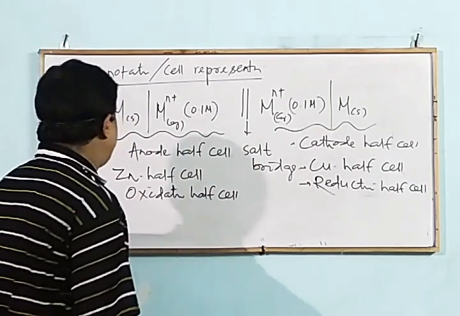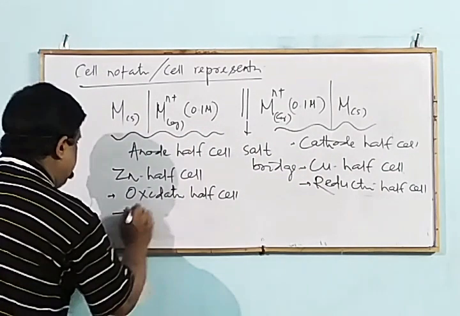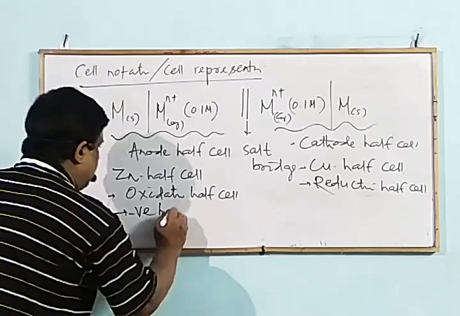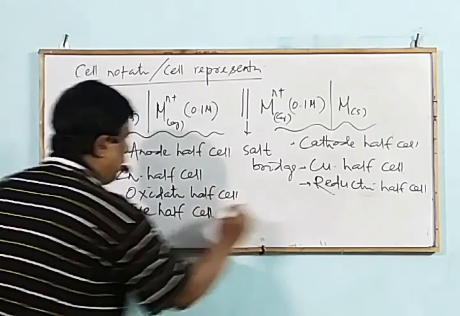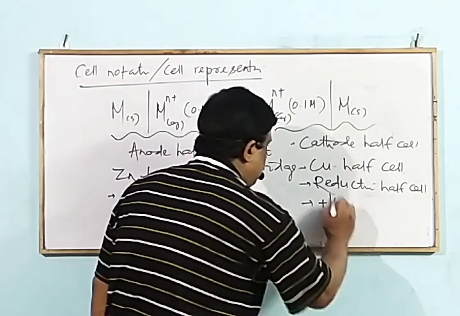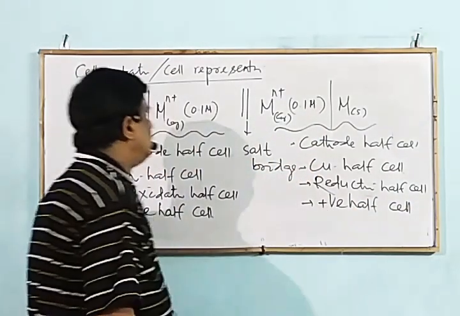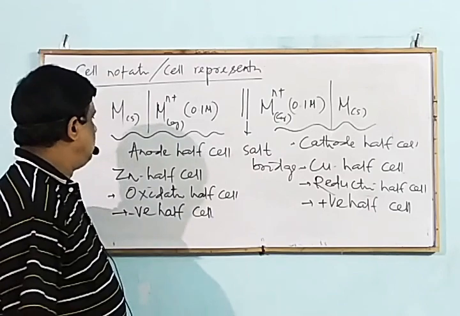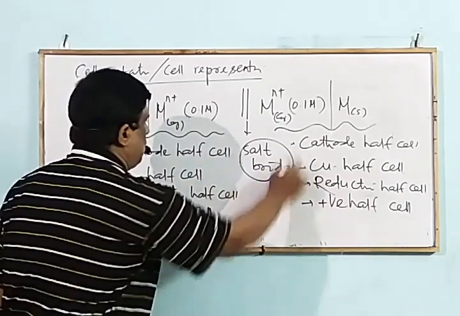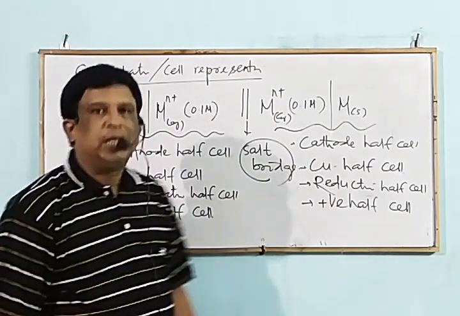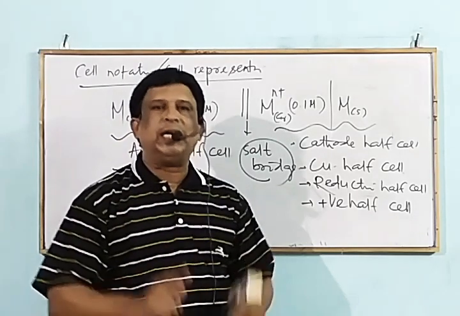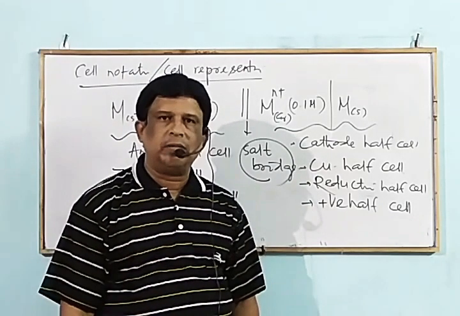As anode is connected to the negative, it is known as the negative half cell, and this is the positive half cell. This is known as the symbolic notation or symbolic representation of a cell.